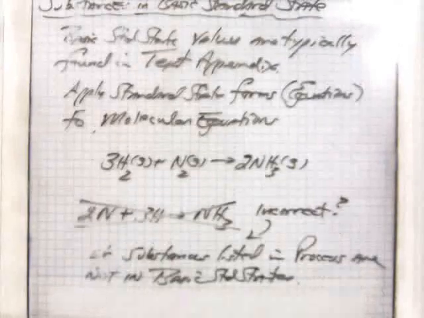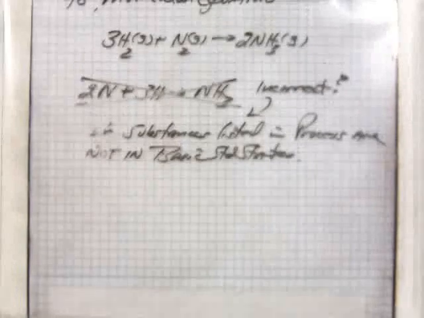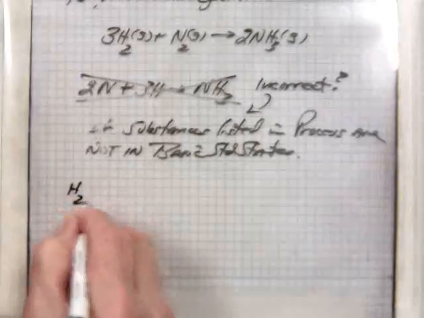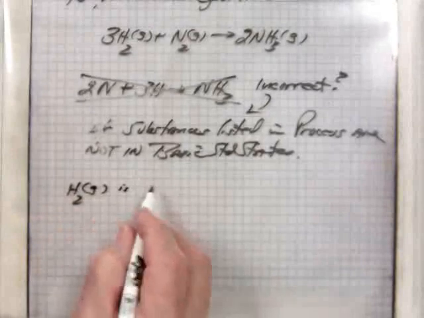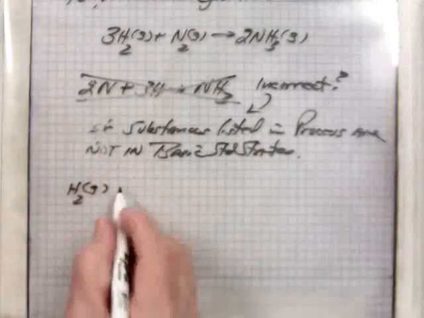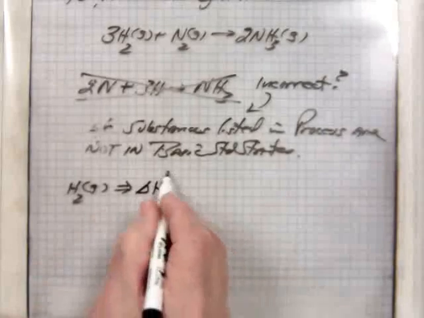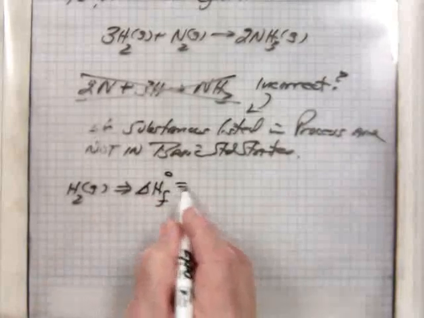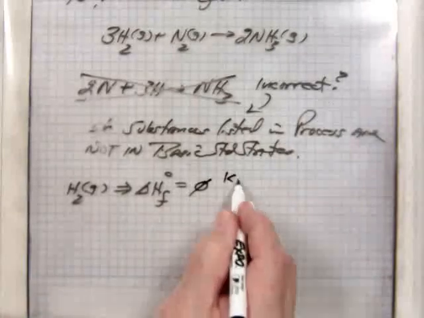So, H2 in gas form is listed under delta HF superscript 0 equals 0, and it'll show kilojoules per mole.